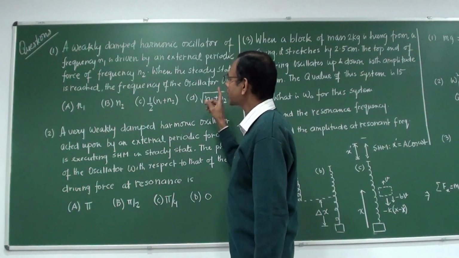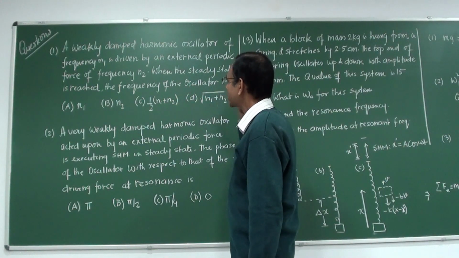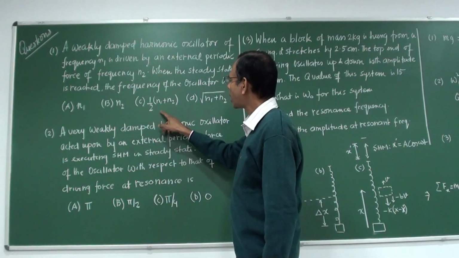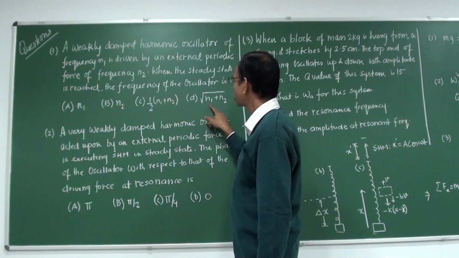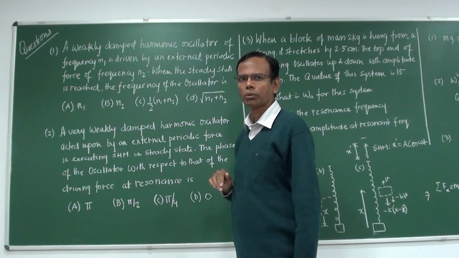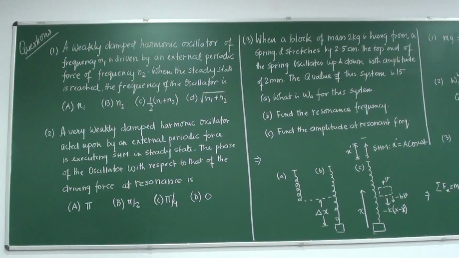When the steady state is reached, the frequency of the oscillator is: N1, N2, half of N1 plus N2, or root over N1 plus N2. So which one will be the correct answer? Think about it.